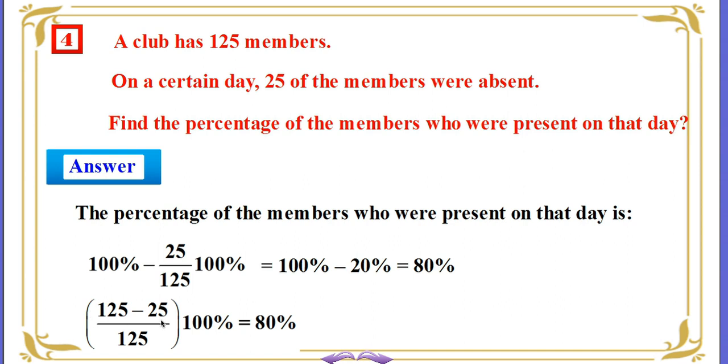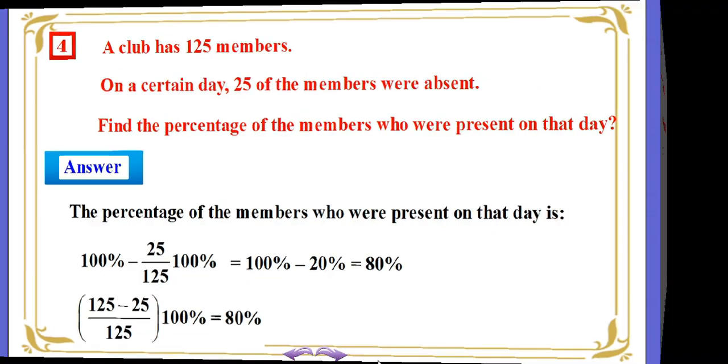This is the number of members present on that day. This is the total number of members. You take the number present divided by the total and multiply by 100%, and then you have the percentage of the members who were present on the day. These are two ways to solve this exercise, and we have the same result.